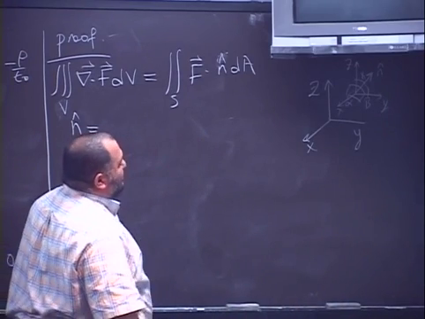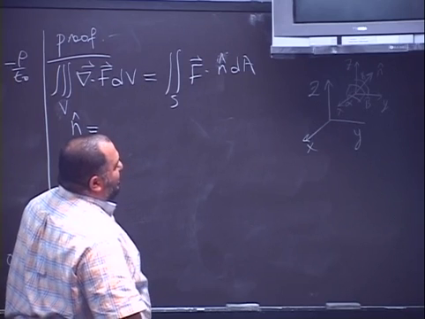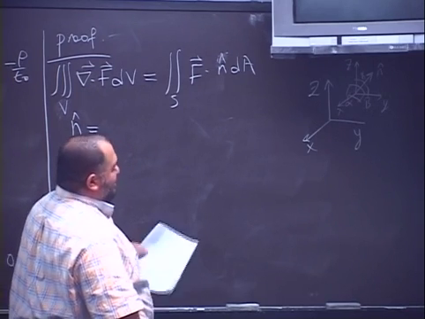So what's the component of n, vector n, with the x-axis, with the i?